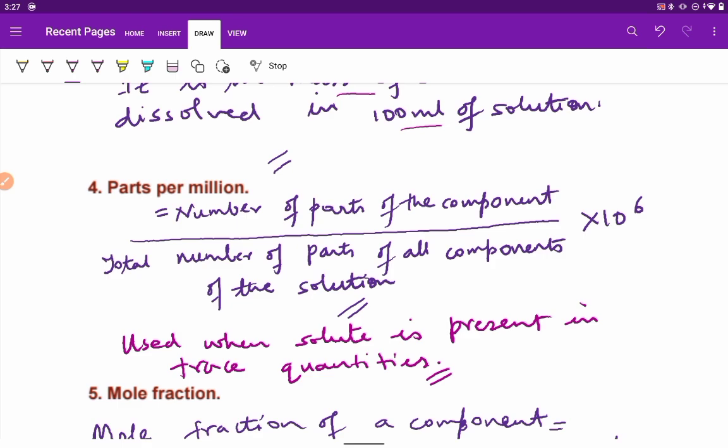Parts per million is equal to the number of parts of the component, if we divide the whole solution into some equal parts, divided by the total number of parts of all the components of the solution, multiplied by 10 to the power 6, because we are taking million. Now, as in the case of percentage, here also the concentration in parts per million can be expressed as mass to mass, or volume to volume, or even mass to volume.